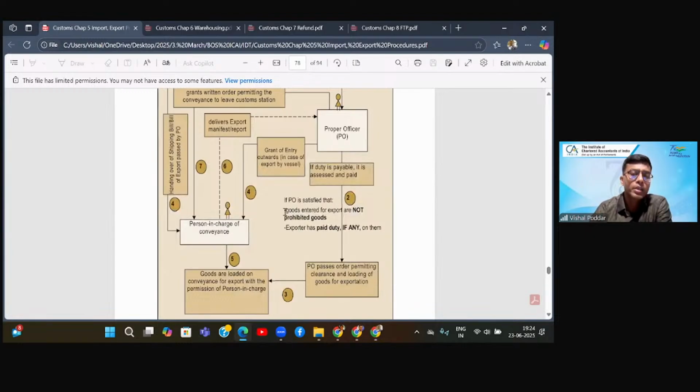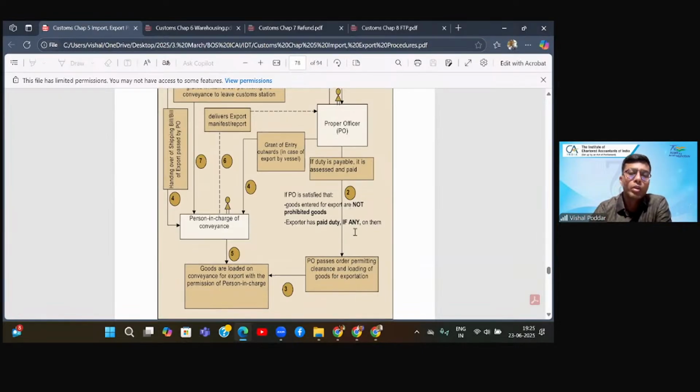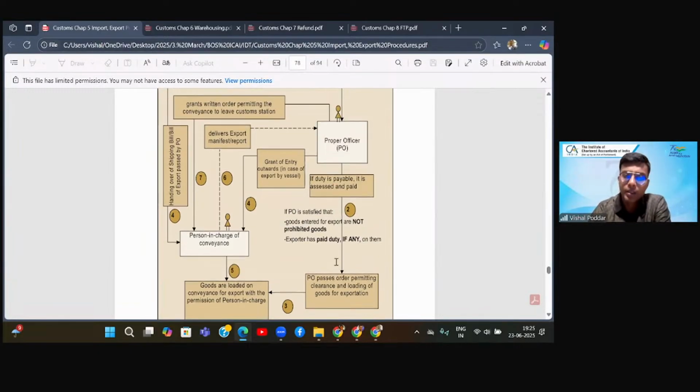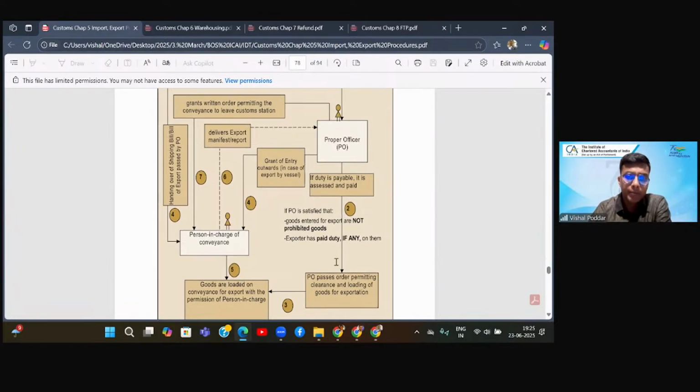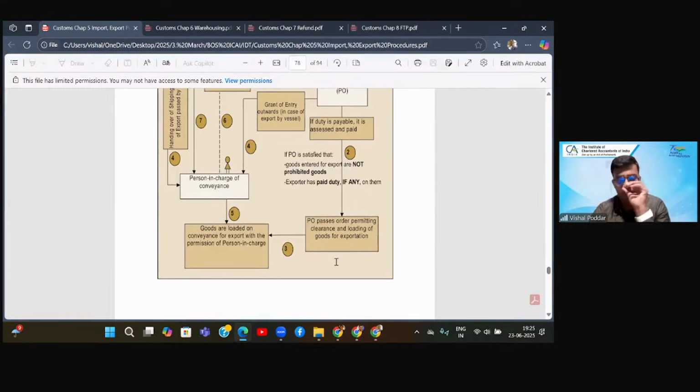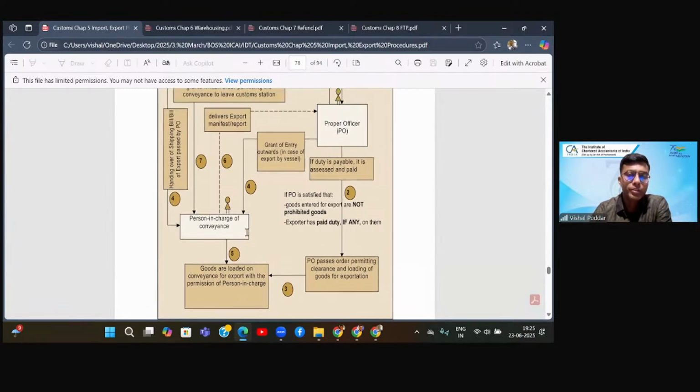If the officer is satisfied that the goods entered for export are not prohibited and exporter has paid duty wherever applicable, then only he will pass the order permitting clearance and loading of goods for exportation. Otherwise, he will reject. Second, after all this is done, the goods are loaded on the conveyance for export with the permission of person in charge.